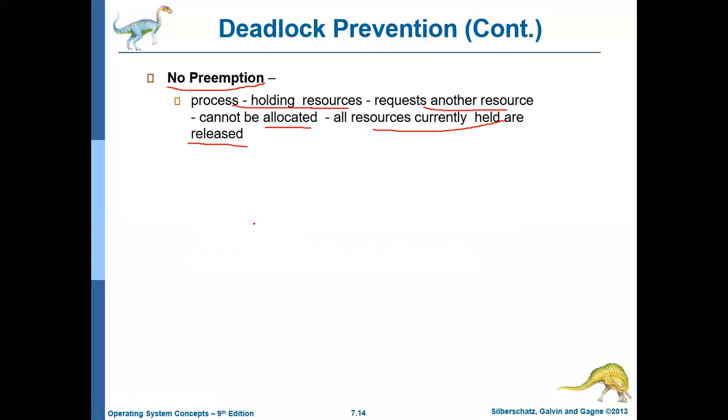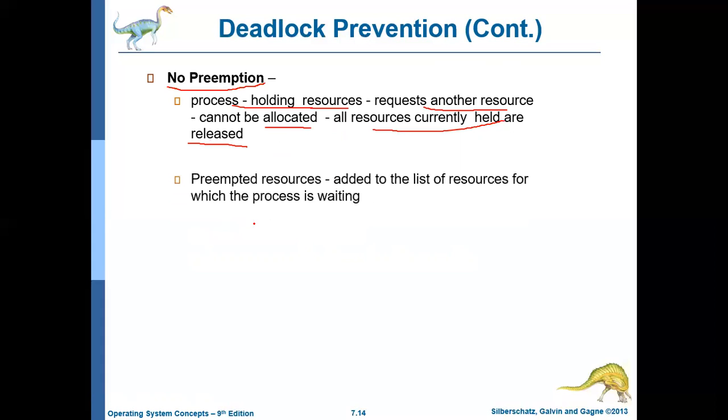The resources the process has recently released, because it was not able to get the new resources, are the preempted resources. The preempted resources will also be added to the list of waiting resources along with the other new resources it wants.